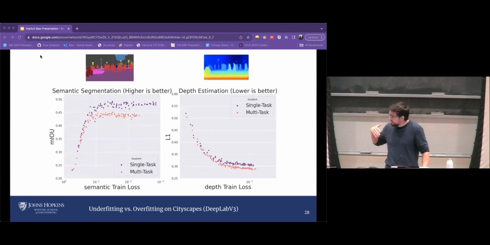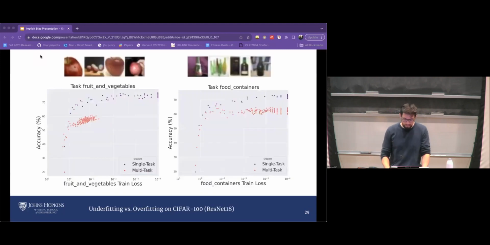And this happens in a bunch of multitask settings. So here we're looking at Cityscapes, and we can see semantic segmentation on the left, very similar story. And for depth estimation, we're actually seeing positive transfer because here lower is better. But again, the same story, right? We're not getting positive transfer because we're fitting the tasks better. We're getting positive transfer because of some implicit factors.